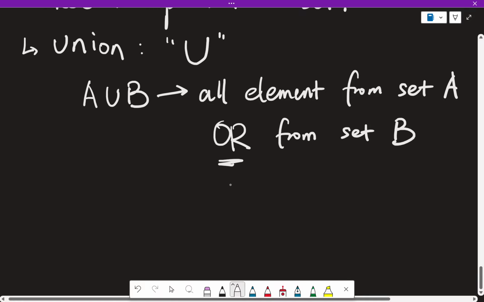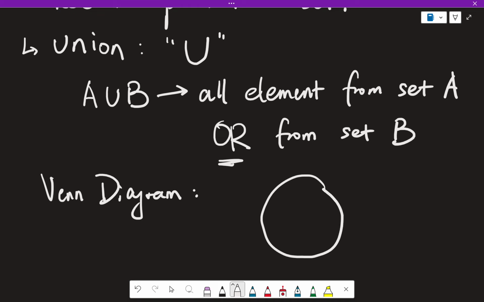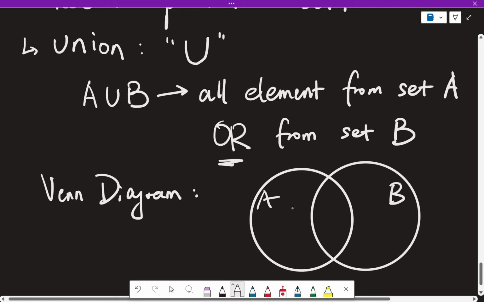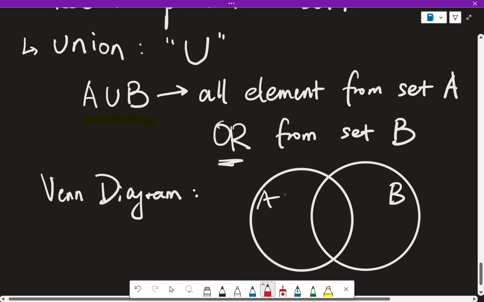If I draw a Venn diagram, here's set A, here's set B. If I would like to highlight the area that represents A union B, what areas would I highlight with this red pen?